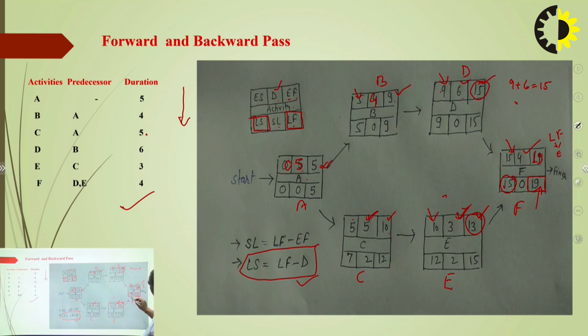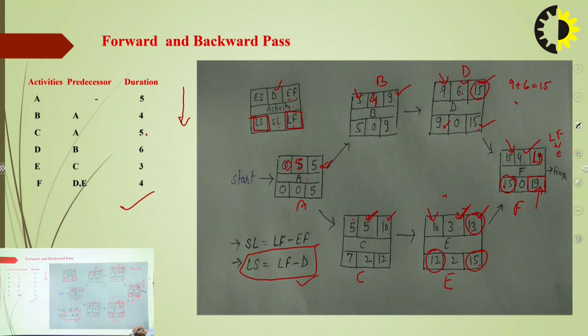Then this latest start is the value of the latest finish for the previous activity. So 15 is there, and 15 minus 6 is 9. In a similar way, for the E activity, 15 minus 3 is 12.